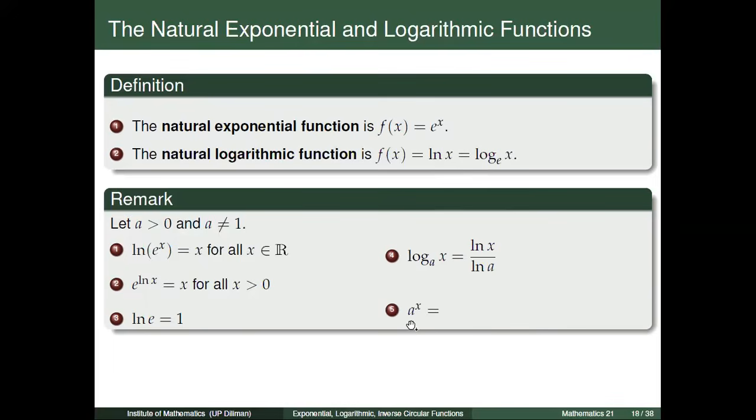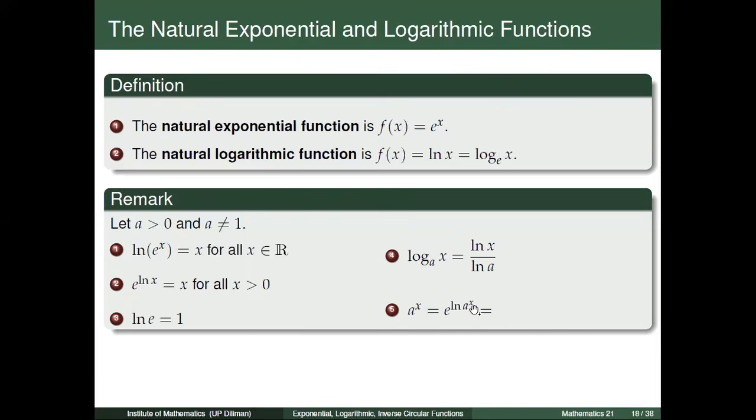Similarly, we can write an exponential function with base a in terms of the natural exponential function. To do this, we will use this property. We will just plug in a^x into x here and obtain that a^x equals e raised to the ln of a^x.